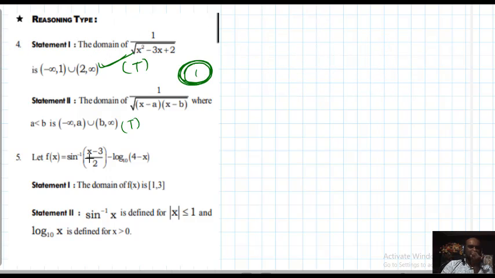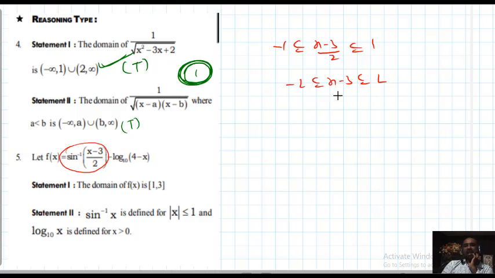Next one, I want to find the domain of this first, then the domain of the other, and their intersection gives the answer. The domain of sin inverse is minus 1 to 1, so minus 1 less than or equal to (x minus 3) by 2 less than or equal to 1, so minus 2 less than or equal to x minus 3 less than or equal to 2. Add 3 on all sides: 1 less than or equal to x less than or equal to 5. This is the first function.